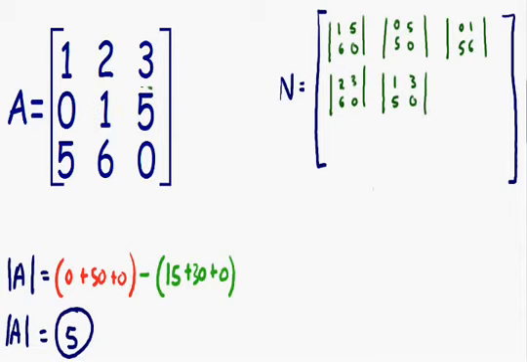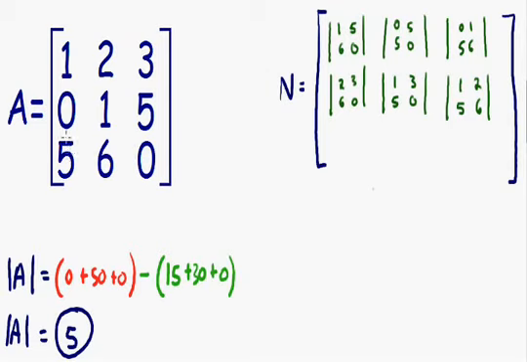So now let's do the same thing for the number in the middle right position, this number 5. If we cross out the column and the row of this number 5, we're left with the 2 by 2 matrix 1, 2, 5, 6. So I'm going to copy that 2 by 2 matrix into our middle right position, 1, 2, 5, 6.